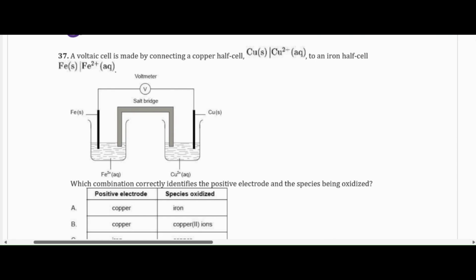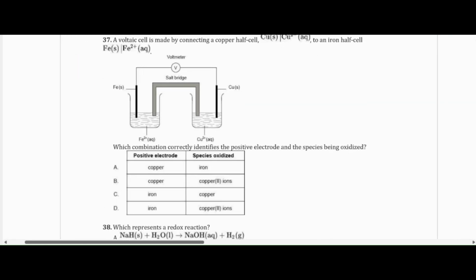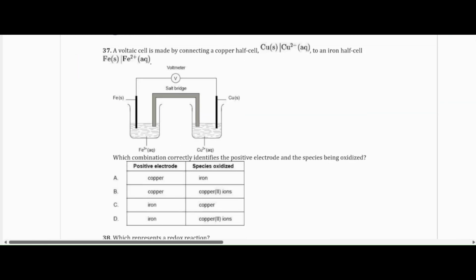37. A voltaic cell is made by connecting a copper half cell to an iron half cell. So which combination correctly identifies the positive electrode and the species being oxidized? Well, iron is more reactive than copper, which means the electrons will be flowing this way.